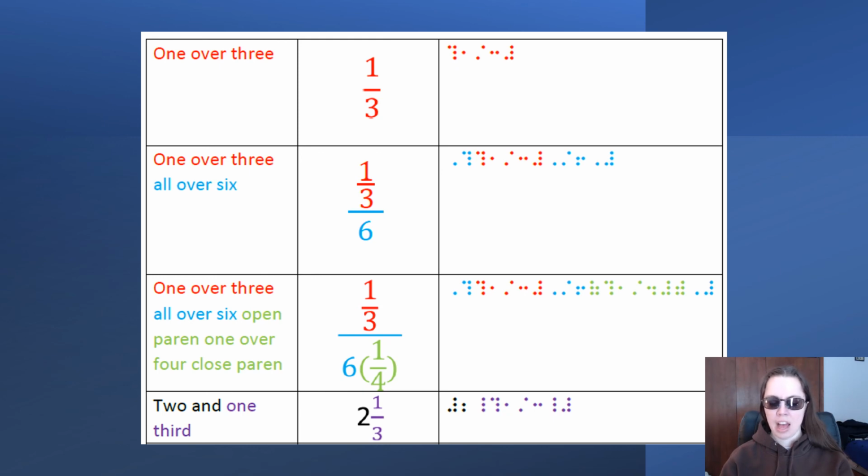You can see that the big fraction line is in blue, and so all of the pieces of the big fraction are in blue, including the big fraction opener, the big fraction line in the middle, and the whole number 6 that's part of the big fraction's denominator. And then at the very end, the big fraction close that follows everything that was in the big fraction's denominator.